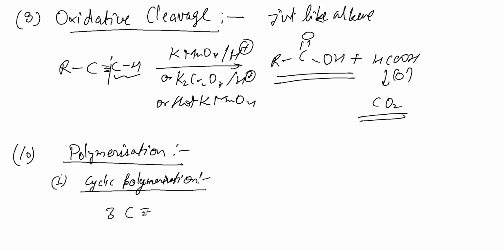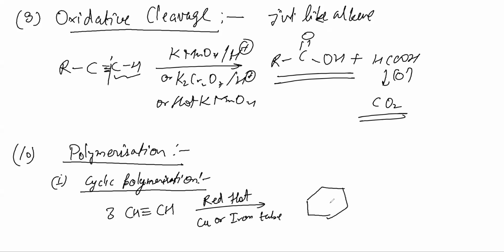We take 3 molecules of alkyne and we pass it through a red hot copper or iron tube. Now, once we do that, what we get? We get something like this, benzene.